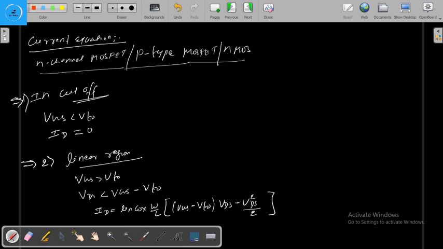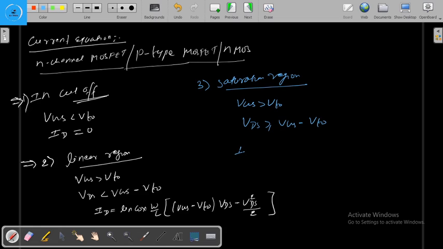Now let's talk about the saturation region, our third region of operation. What will be the voltage condition? VGS must be greater than VT naught, and VDS must be greater than or equal to VGS minus VT naught.